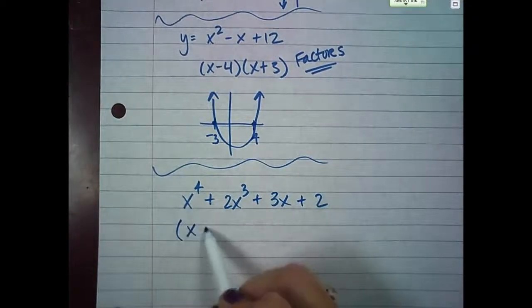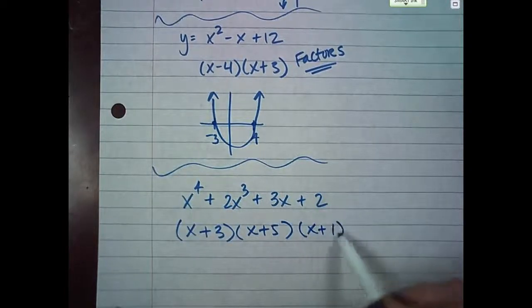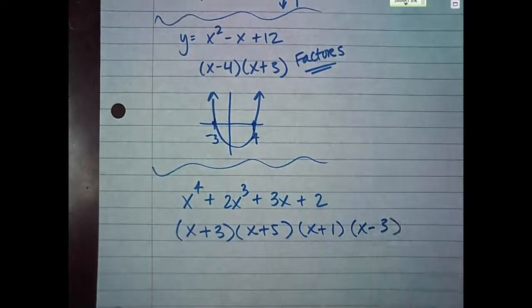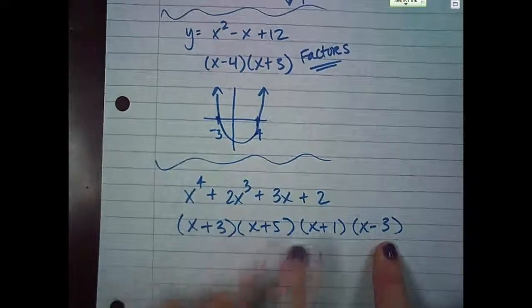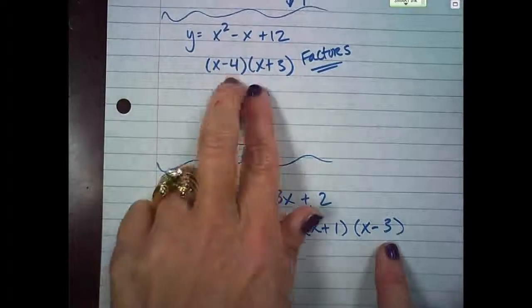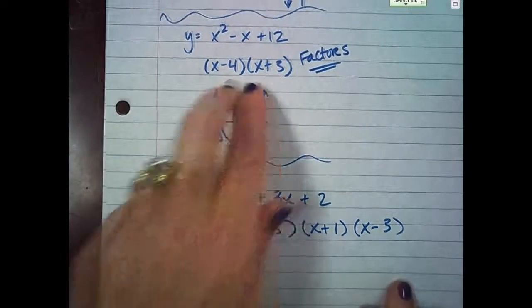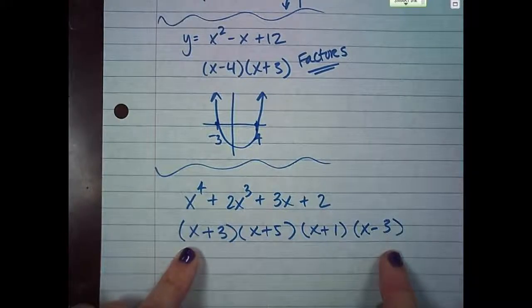For example, x plus 3 times x plus 5, x plus 1 times x minus 3. 4 factors. Then you could plot all the points and graph, just like you did with the quadratic. But a quadratic has 2, right? This one has 4. Well, that's going to be weird, right? How are you going to graph with 4 points? And that's kind of what you have to decide.